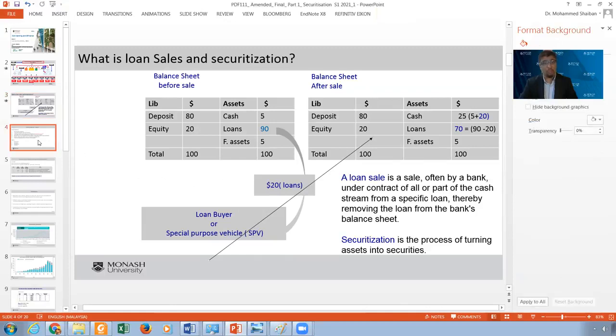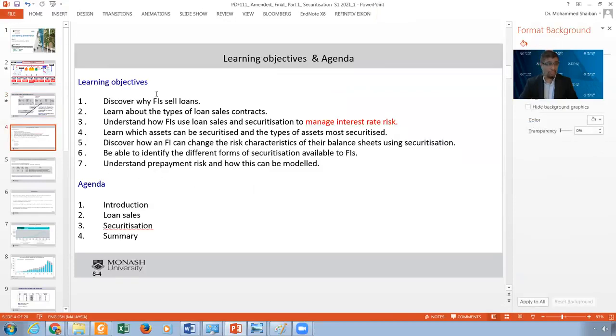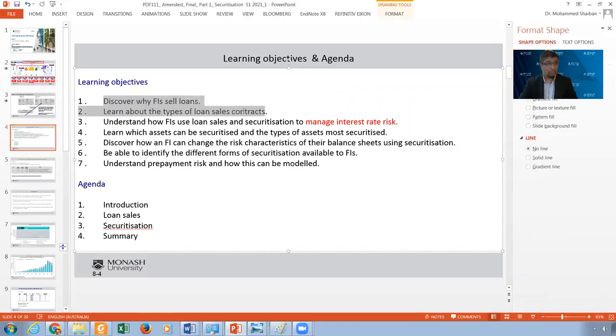Now, let me go first to the learning objective. We want to discover why we sell loans. We sell loans for many reasons, and I explained that, but the main one is to manage our interest rate risk. This is the first part, which is the 20 slides.